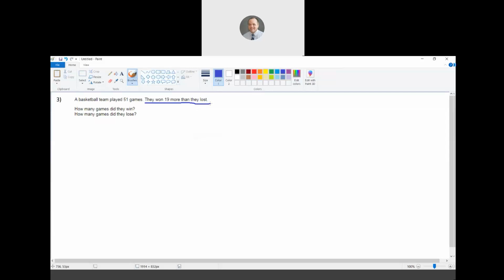W stands for the amount of games they won. And they won 19 more than they lost. L represents lost games. Our first equation in our system is W equal to L plus 19.